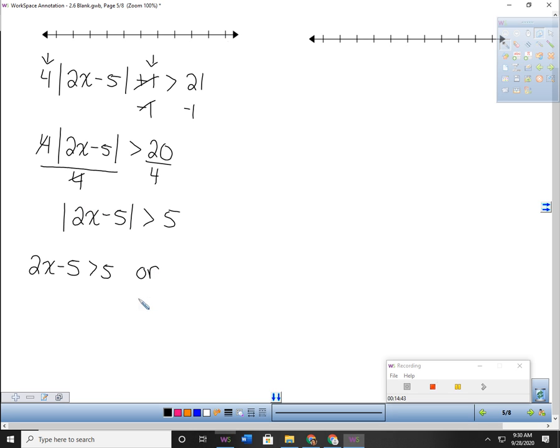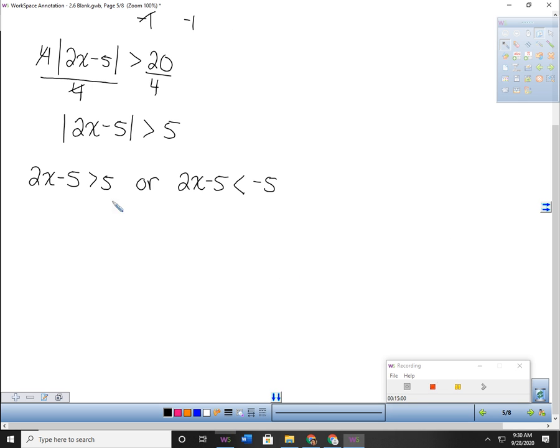Or, I do the same thing on the left, the 2x minus 5, but now I have to flip this around and change the sign of this 5, so make that negative 5. Then I solve for x. I'm going to add 5. So I have 2x is greater than 10.